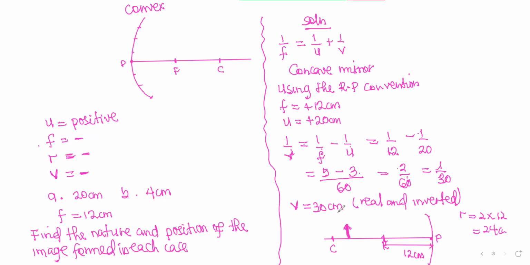Because V is 30, it will be behind, beyond C. And it must give us a real image that is inverted.